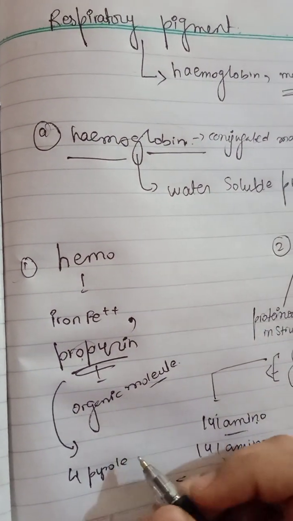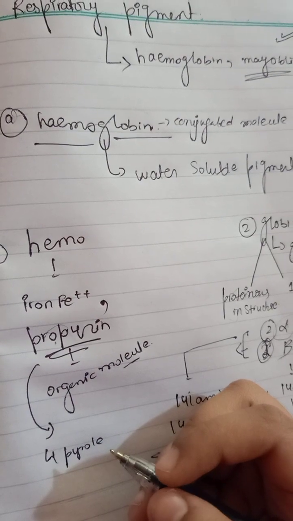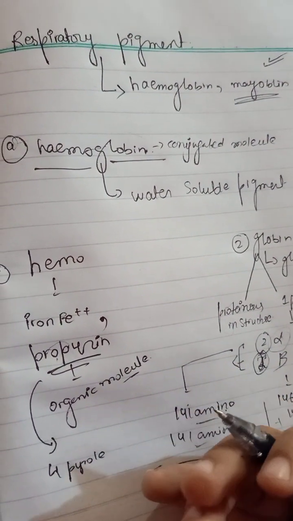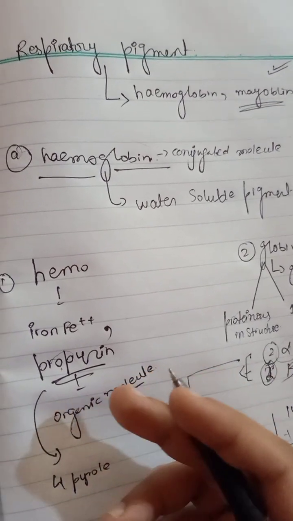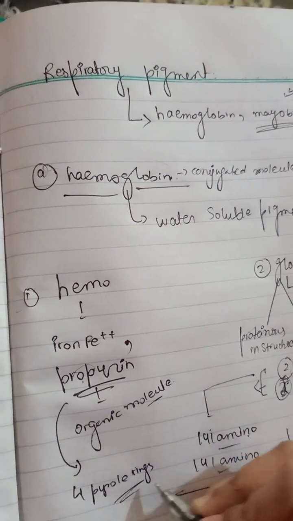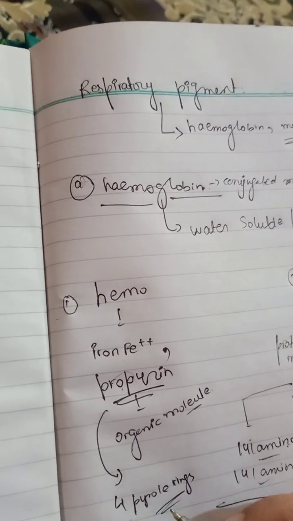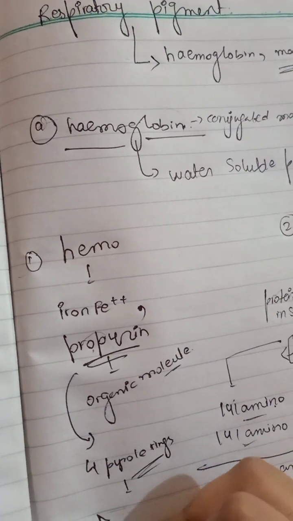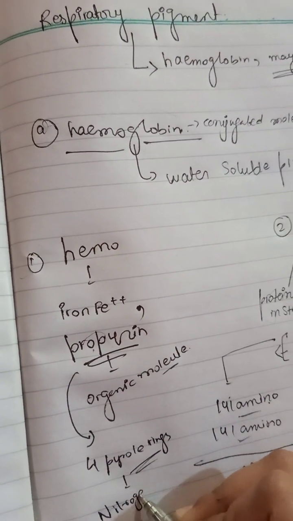In the botany section we discussed the pyrrole rings when we covered the structure of chlorophyll. I'm just reminding you that there were four pyrrole rings, which means a tetra structure, and the pyrrole rings contain nitrogen.